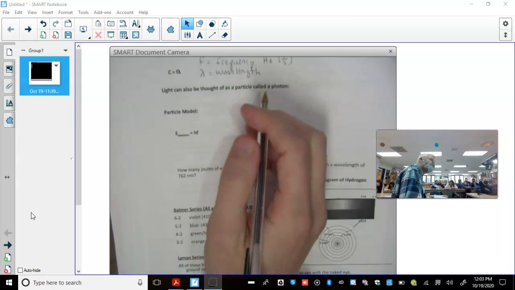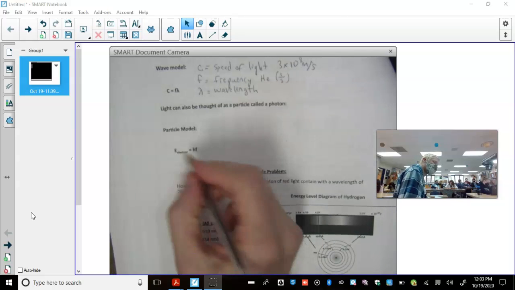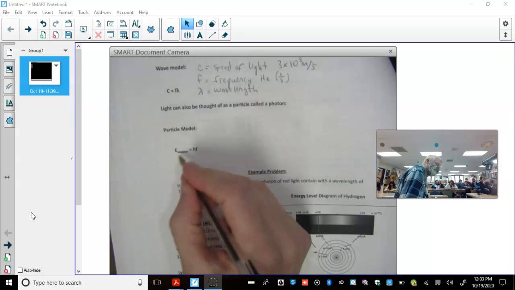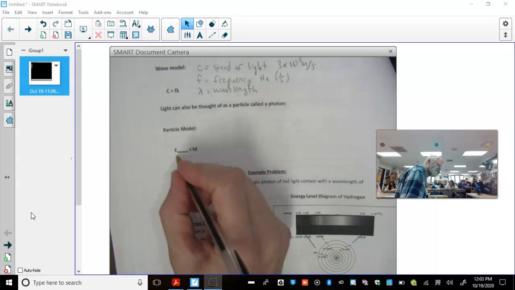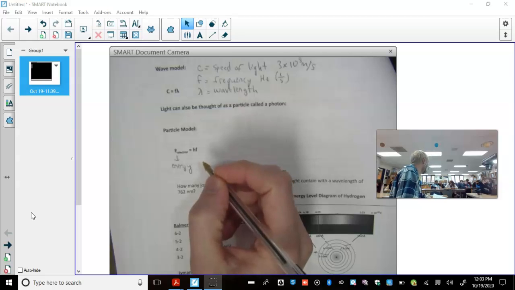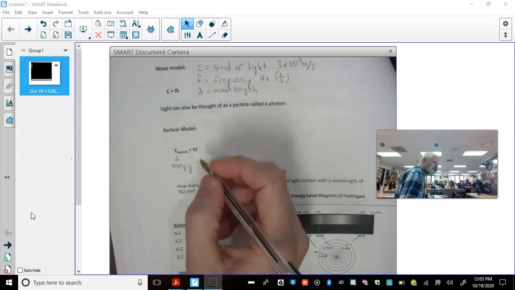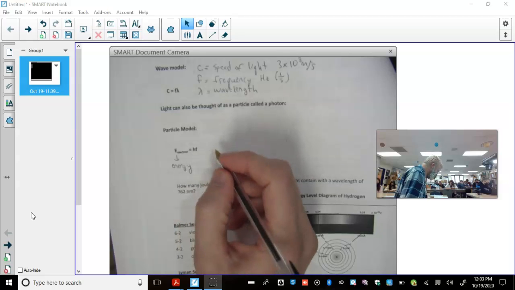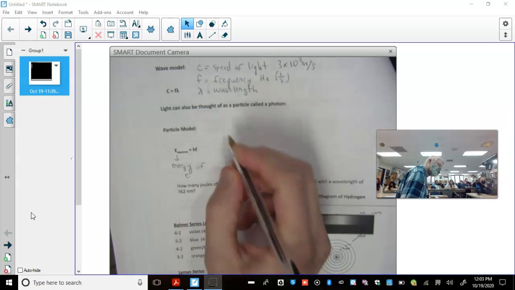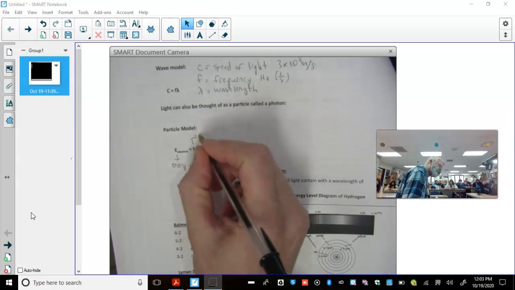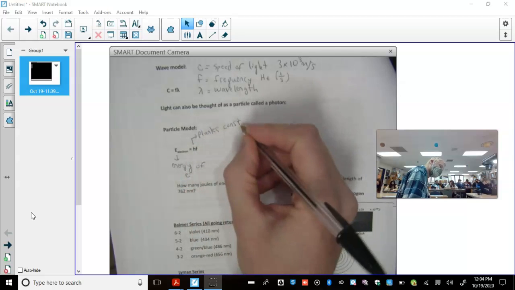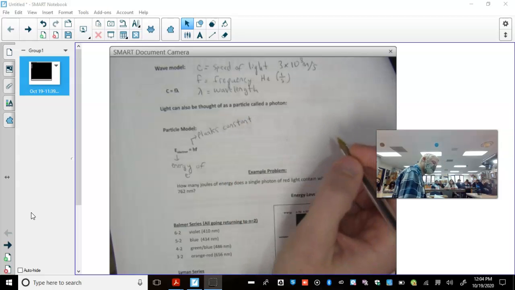All right, and it can also act as a particle. Well, it is a particle, but it acts like a wavelength also. Energy of electron. That's energy, and energy is typically in what unit? Joules, or kilojoules. In this case, it'll be joules. h is Planck's constant, named after Max Planck.